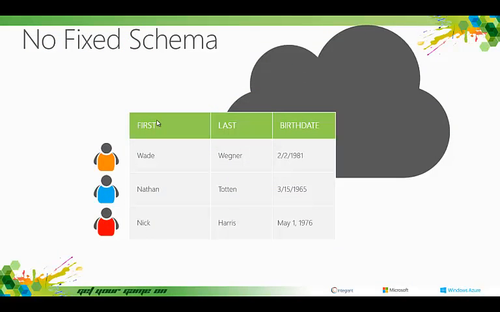So here, for example, let's say I've got a table that I've stuck some people into. Currently, I've got first, last, and birth date. But if you look at the data here, Wade and Nathan both have date values for their birth date, whereas Nick has a string value for his birth date, right? So the data doesn't have to be consistent of the same type across entities, nor do they have to have the same columns.